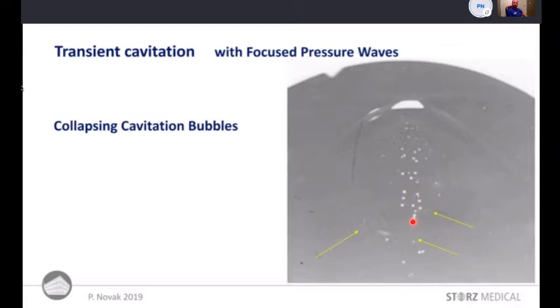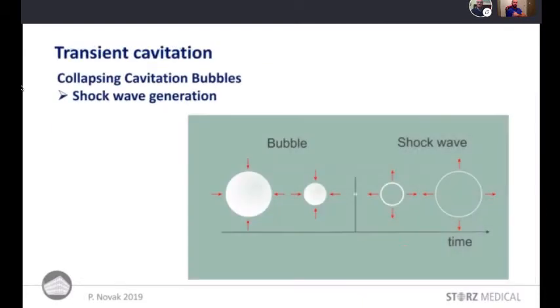Here these cavitation bubbles can collapse and generate by themselves a very local shock wave. It's the expectation that this effect, combined with the forming of jet streams, contributes to the disintegration of the stones. You can see more schematically the bubble is compressed, and when it has collapsed, it expands as a shock wave afterwards.